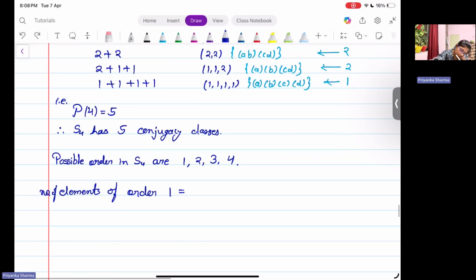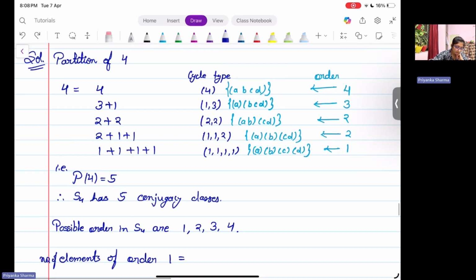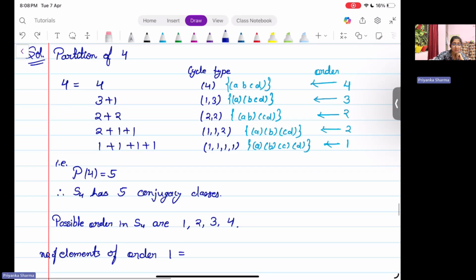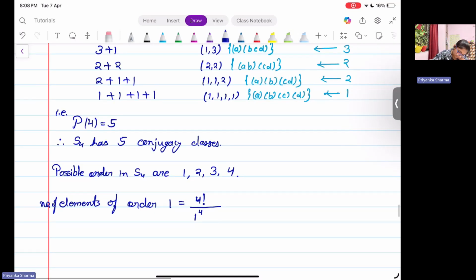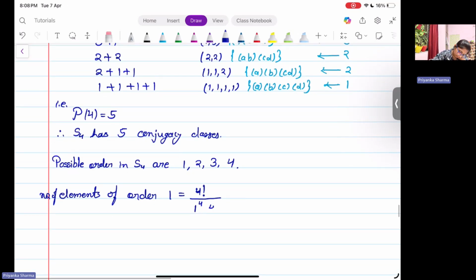So, number of elements, or number of permutations, which have this cycle type is factorial 4 divided by, only 1 is coming 4 times, and then 2 to the power 0, 3 to the power 0, 4 to the power 0, we can say, and then factorial of powers, that is factorial of 4, factorial of 0, factorial of 0, factorial of 0.